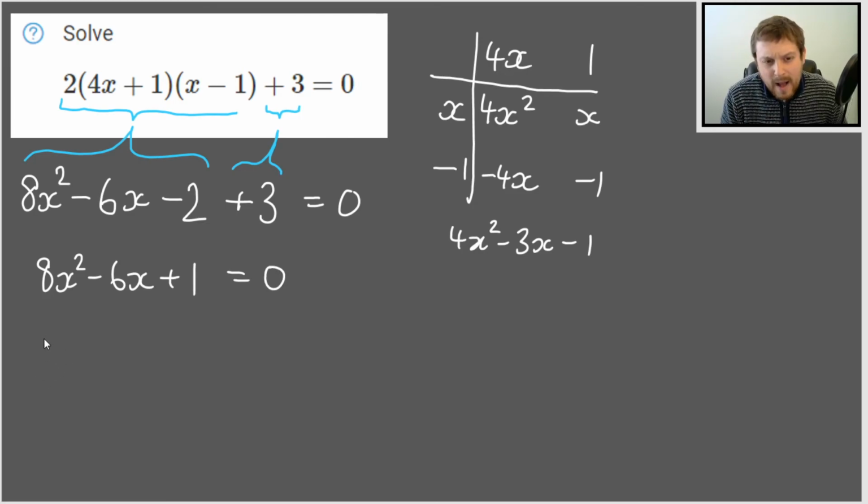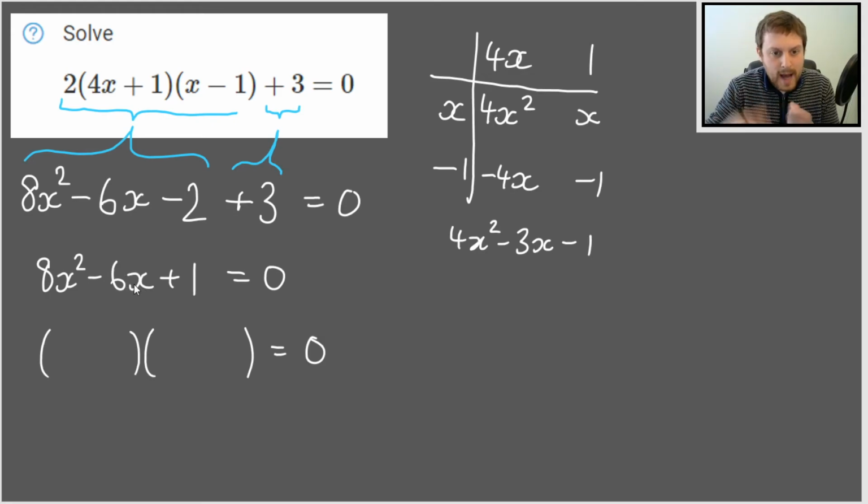And then we've got to work out how this factorizes. Since it's got a times to make +1, but the combination is going to add up to make -6, it's going to have to be -1 and -1. So it's actually easier to start there. And then we can just check, is it 8x and x, or is it 4x and 2x?